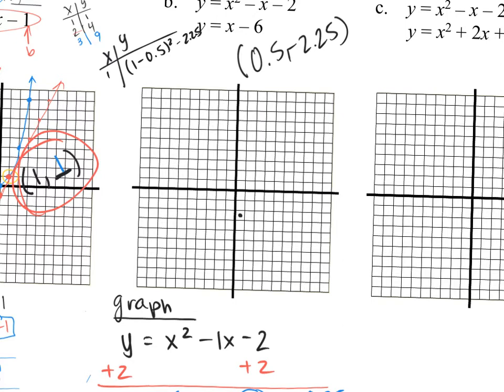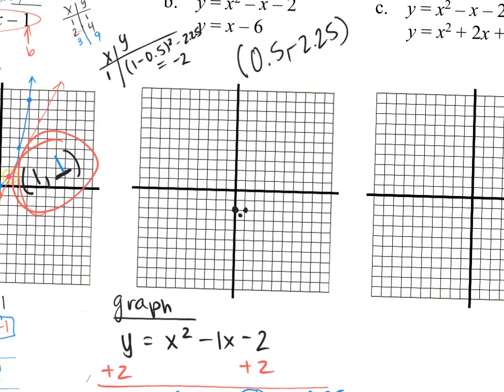I'm just using the vertex form, which we just found down there, and plugging in 1. When I do that, I get the value negative 2. So I plugged in 1, and I got negative 2, so it's right here. Let's go ahead and graph that point, which means he has a mirroring point right here.